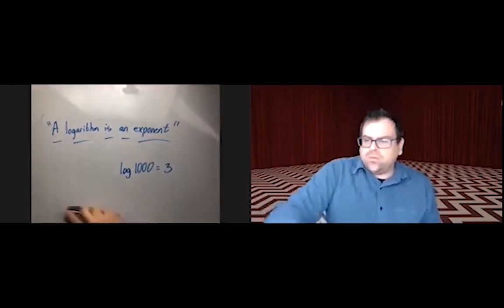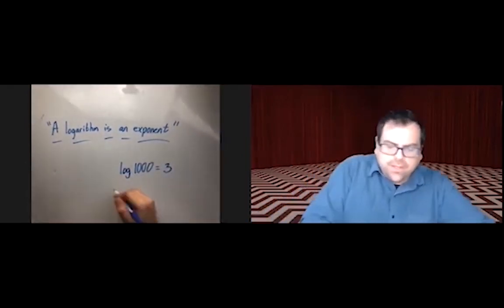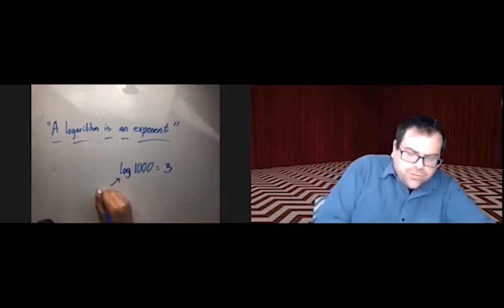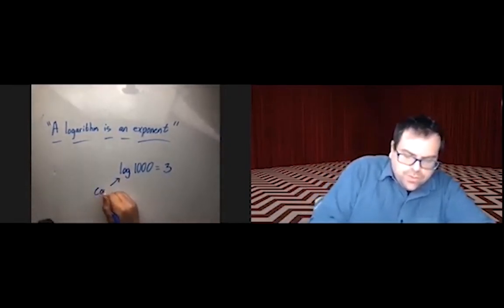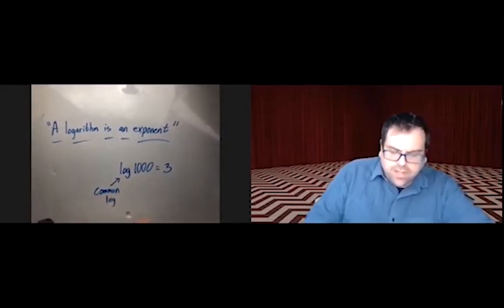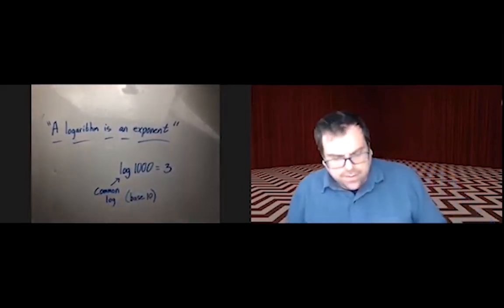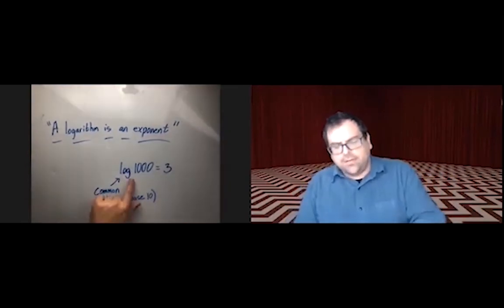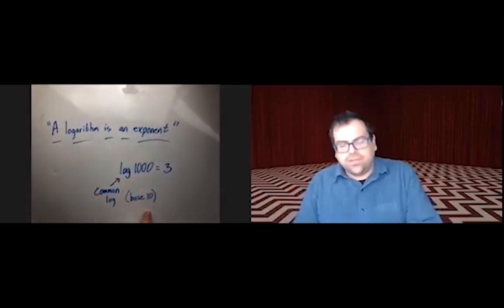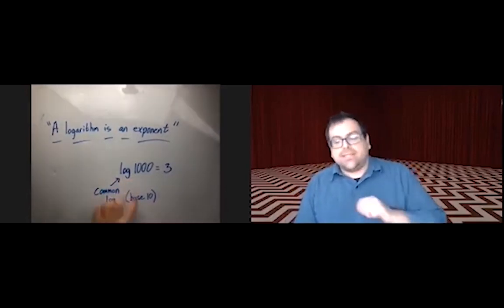If we just see the word log, this refers to the common logarithm, the common log. And that's base 10. So whenever we see log without a base written, we are to assume that the base is 10 because it's the common log.